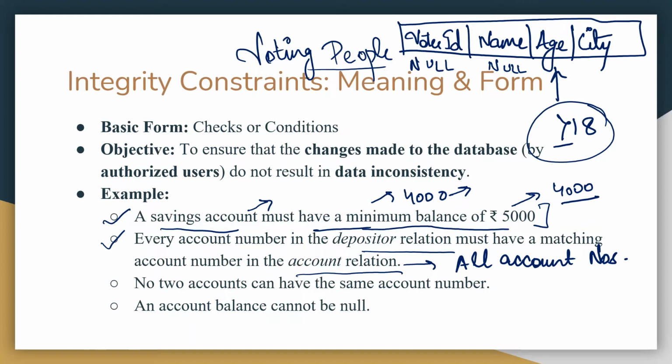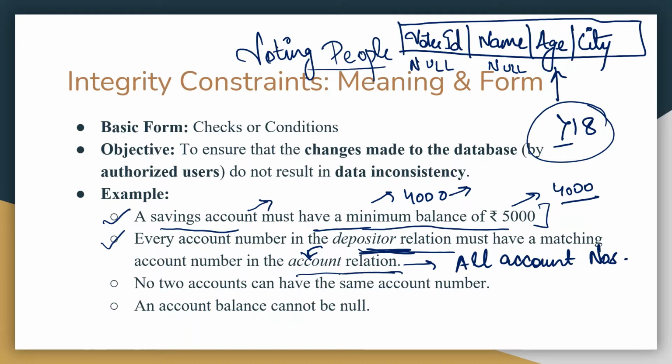The categories could be different, but we can say for sure that every account number in the depositor relation will always be present in the account relation. What I mean is that there cannot exist any account number in the depositor relation which is not present in the account relation.